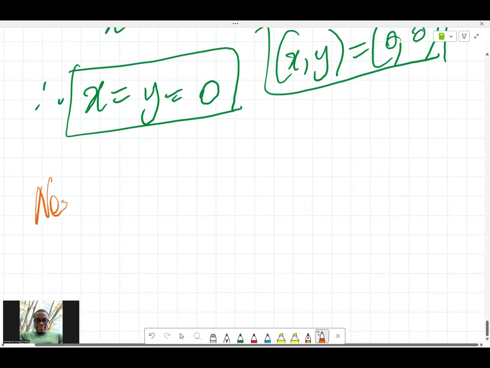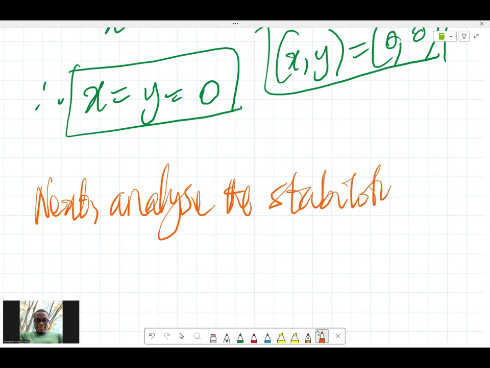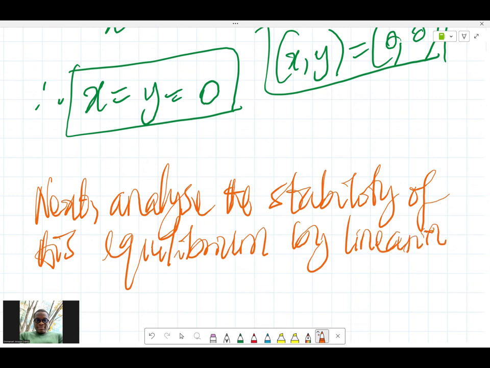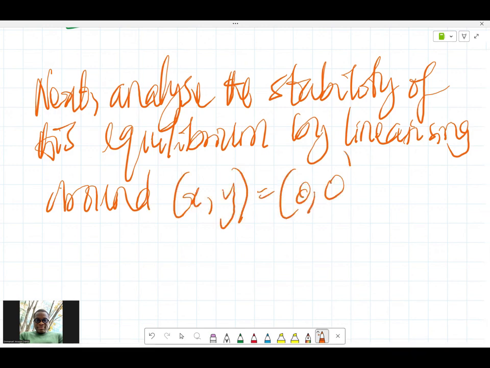What we do next is to analyze the stability of this equilibrium by linearizing around (x, y) equals (0, 0).